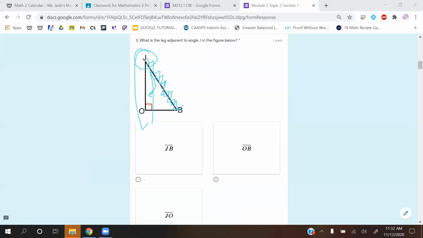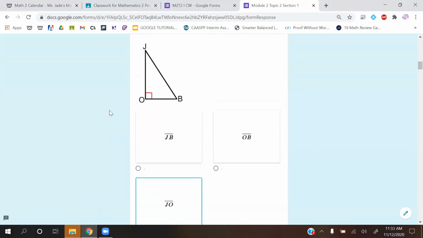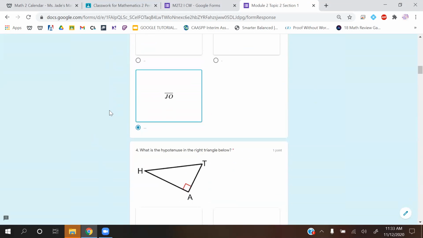I can't circle properly. But yes, JO will be our adjacent side. Any questions? JO is probably this one over here. I just didn't scroll very far. Okay, let's clear all drawings and select JO. I don't know why it scrolls like that when I do it.